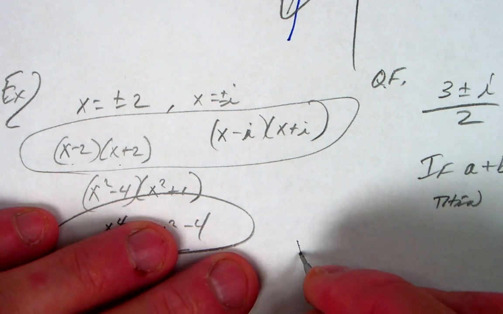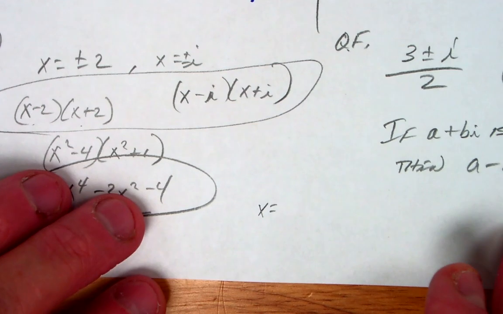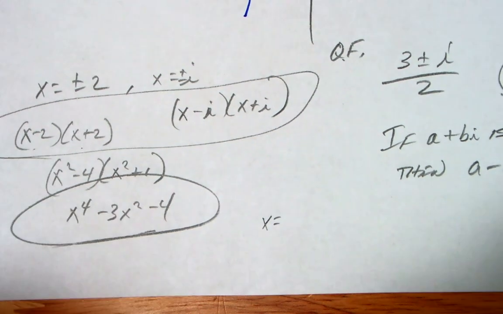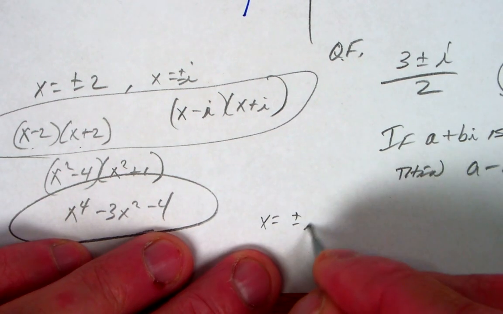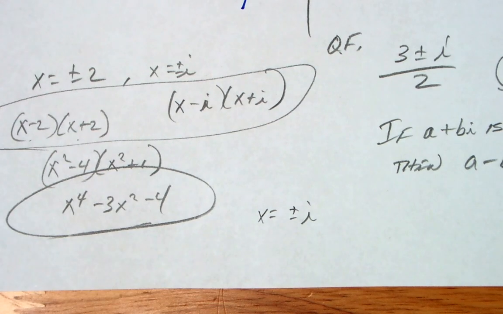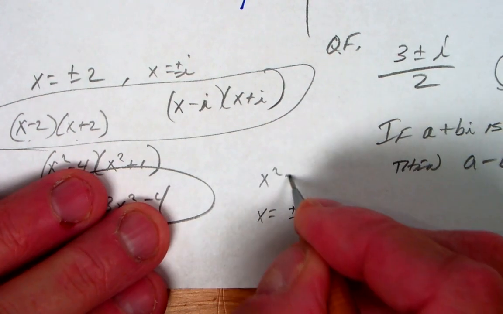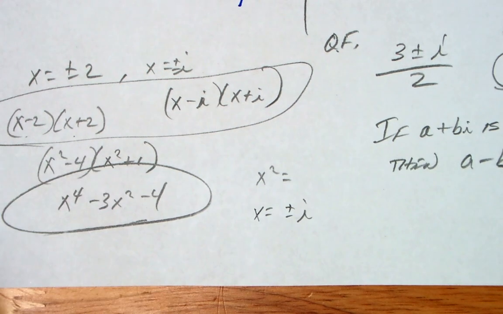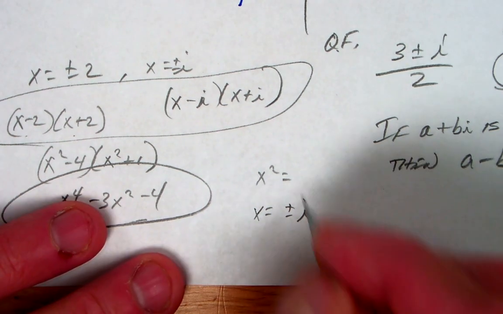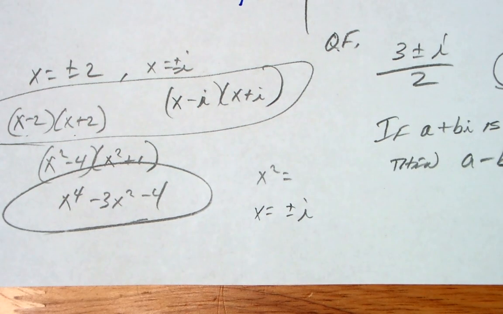Picture this. Let's go backwards. Let's say, hypothetically, I've got an answer that's x is equal to plus minus i. What was my previous step? X squared equals... What did I square root to get plus or minus i?